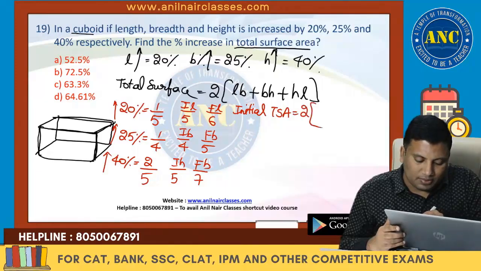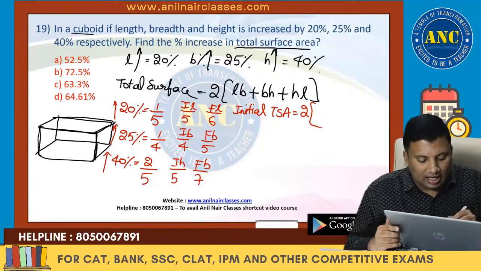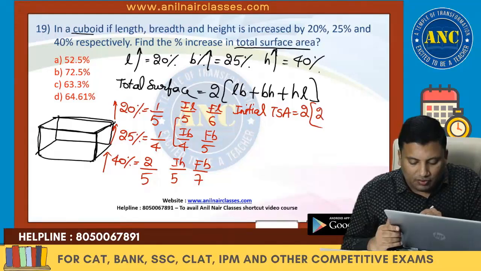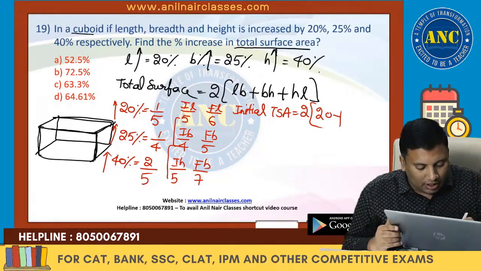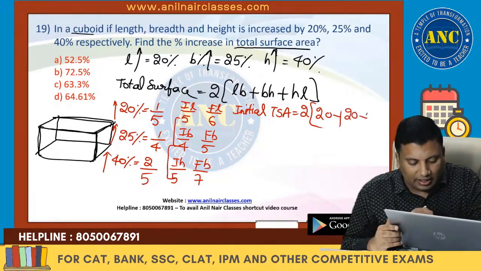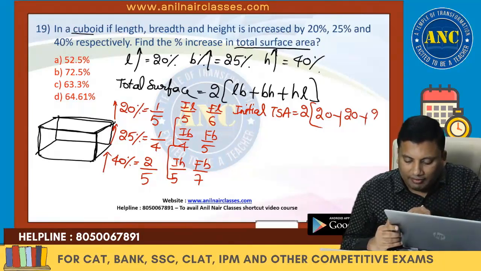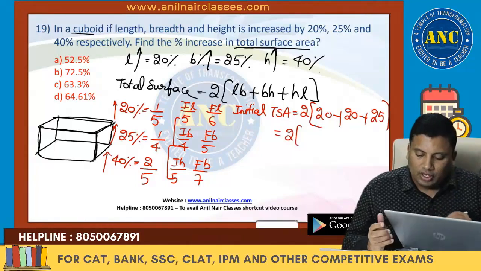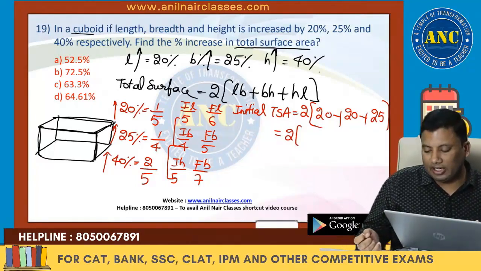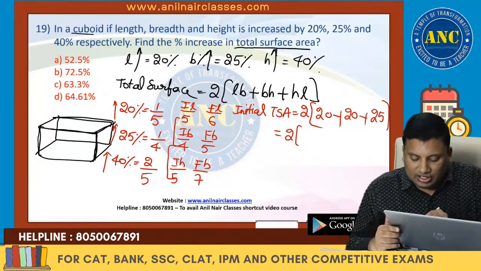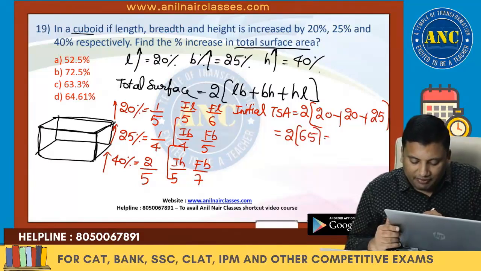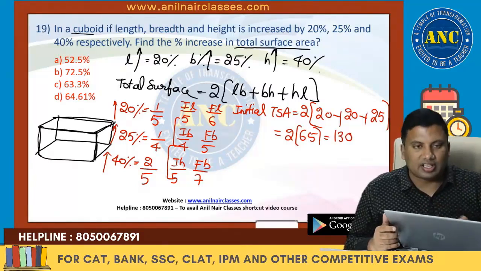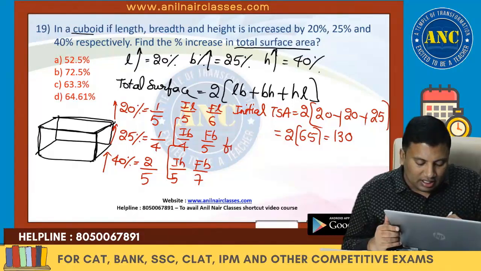Initial total surface area: L into B, 5 4s are 20. B into H, 5 4s are 20. H into L, 5 5s are 25. So 2 into 20 plus 20, 40, 40 plus 25, 65. 2 into 65, initial total surface area is 130.